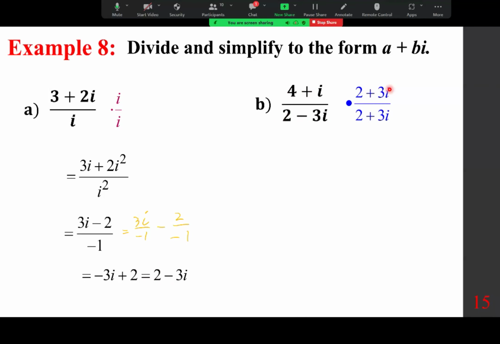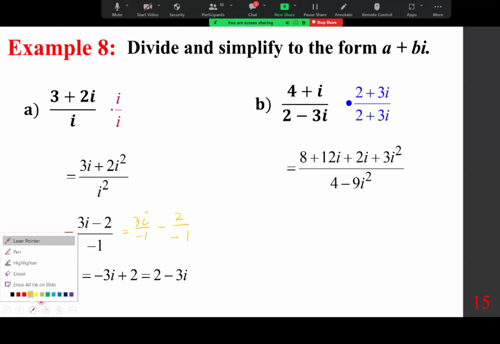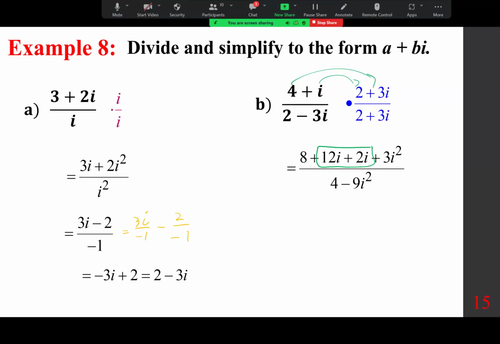What happens to the top? Foiling. 4 times 2, 4 times 3i, i times 2, i times 3i. Of course, we should be able to do it actually together, these two and these two. Clearly these two add up to 14i. 3i squared is replaced with negative 3, and 9i squared is replaced with positive 9, because i squared is negative 1, as you know.